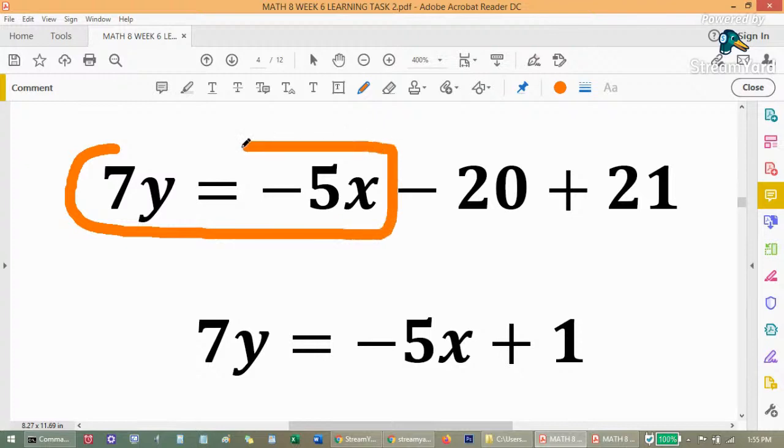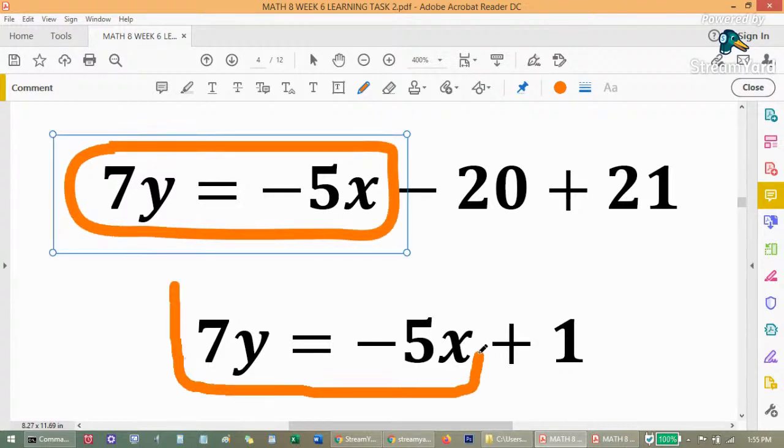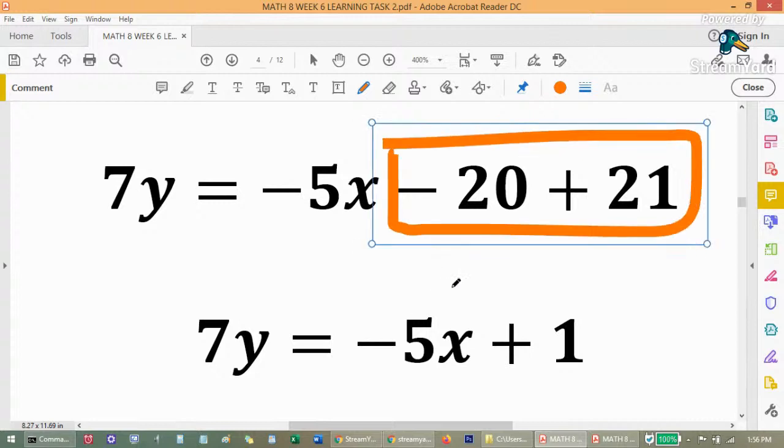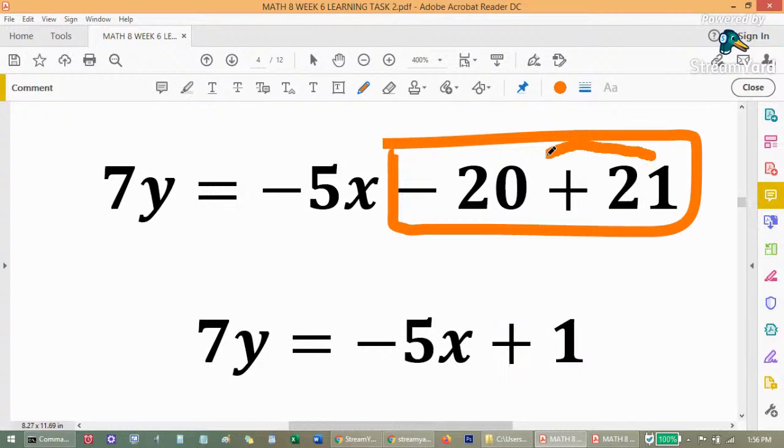Then continue. 7y is equals to negative 5x. So meron tayong negative 20 plus 21 dito. Magkaiba sila ng sign. This is negative, this is positive. So ito parang sinabi mong 21 minus 20, that is positive 1, no? Bakit positive? Because mas marami yung mga positive. There are 21 positive numbers and there are 20 negative numbers.